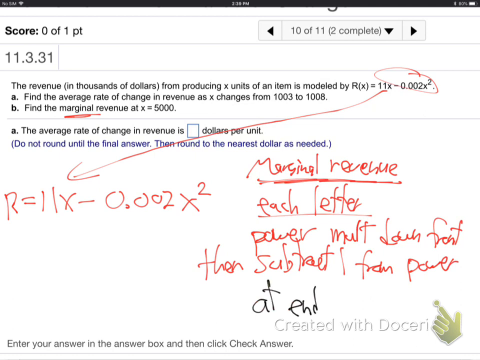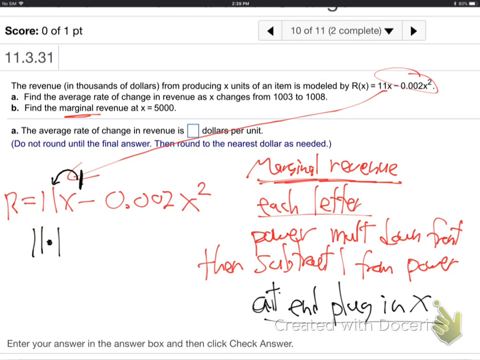At the end, plug in x. This is an official calculus derivative shortcut. There's an understood 1 power up there, right? You take that 1 and you multiply it down. So it becomes 11 times 1.